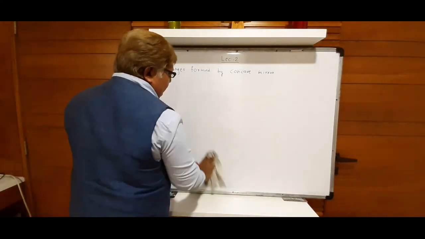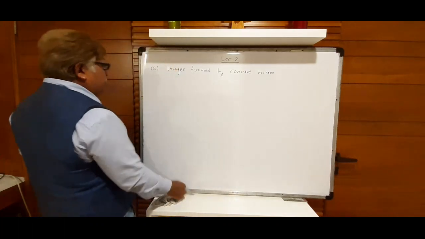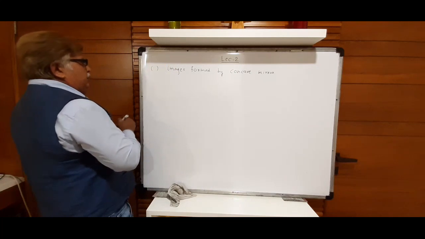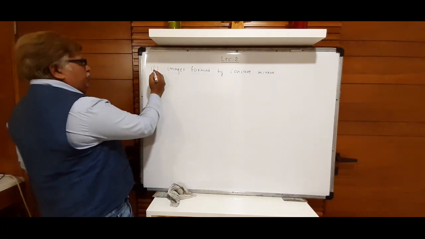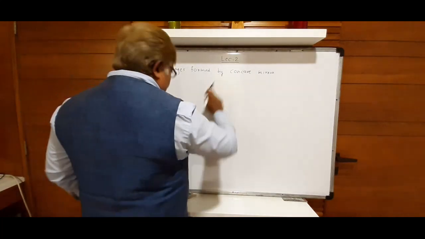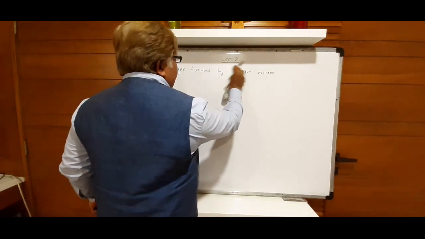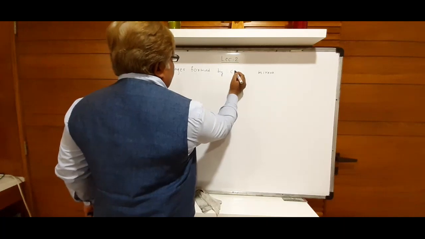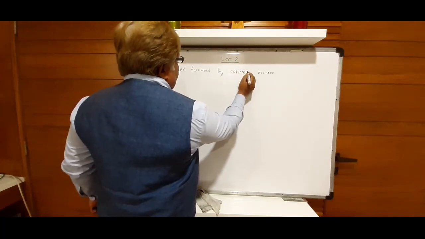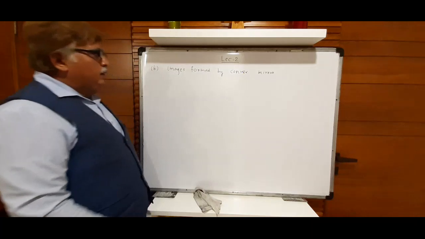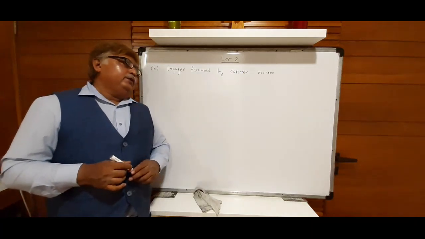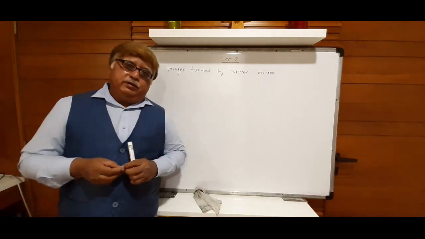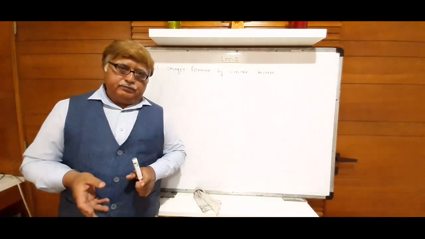I am utilizing the board, I just have to write B. Okay, and I will write here, image formed by, I just erase this word, convex mirror. Let us try to understand how various types of images are formed by convex mirror.